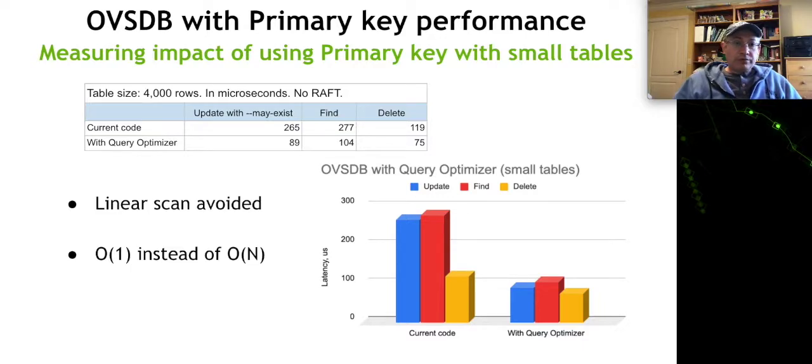Okay, so far we've done the primary key implementation, and we wanted to measure the benefit of avoiding the linear scan. Here you see that with a fairly small table size of 4,000 rows, on a single OVSDB instance with and without the optimizer, we already have close to 3x improvement.